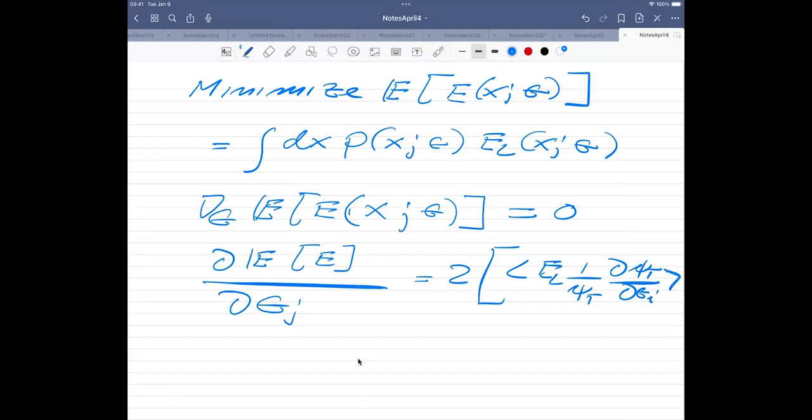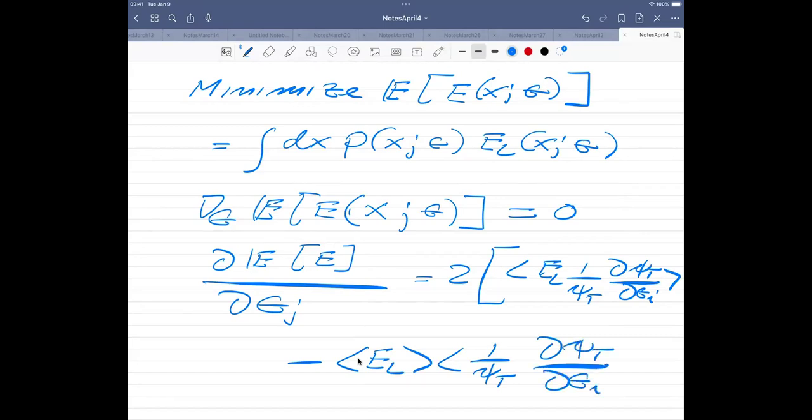That is one of the expectation values which we have already set up in the program in project 1. The expectation value of the local energy, and then the expectation value of 1 over psi_T of d psi_T of d theta_i.